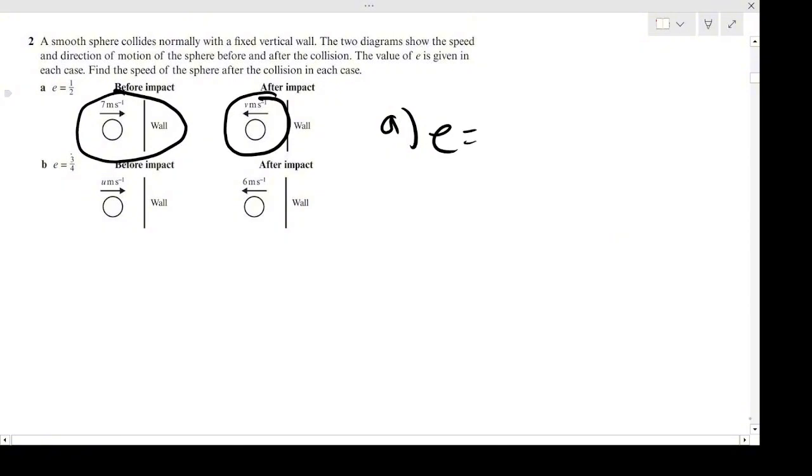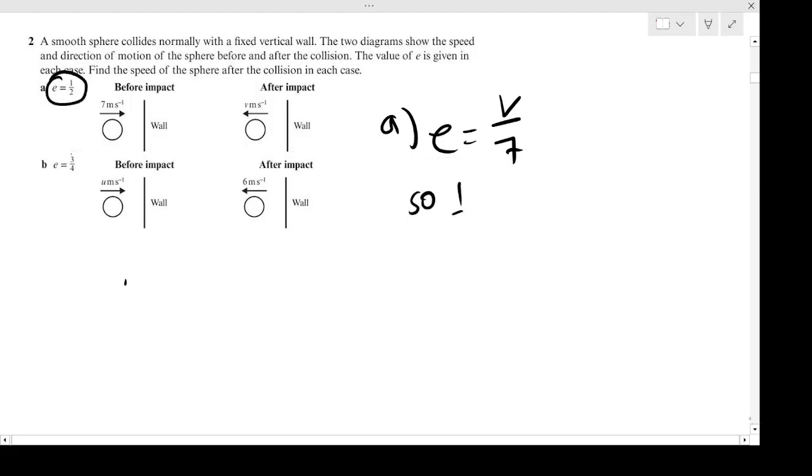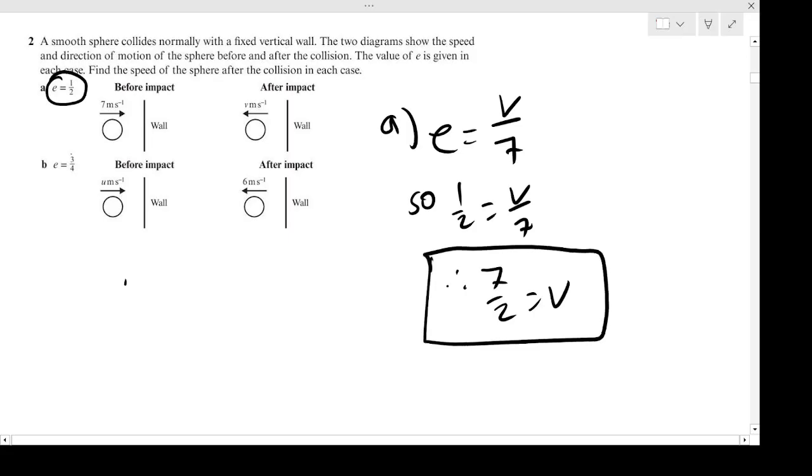So e is going to be the final speed v over the initial speed 7. Now, we're told e is a half. So a half equals v over 7. Then we just solve for v. So we can cross multiply, so that'll be 7 over 2 equals v. And there we are, that is my final speed there.